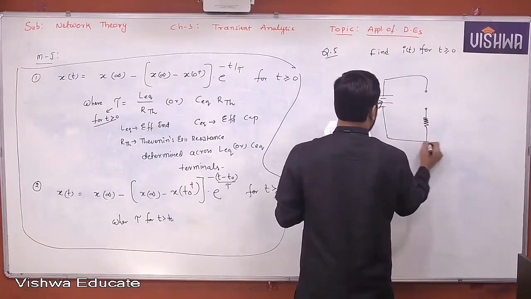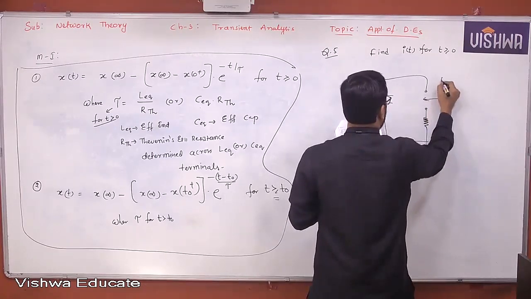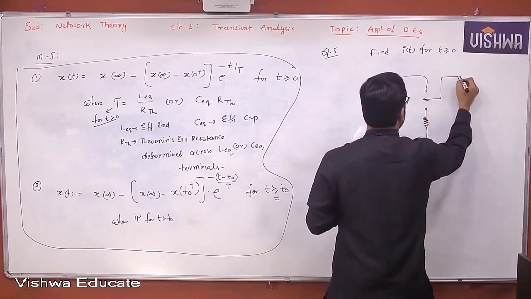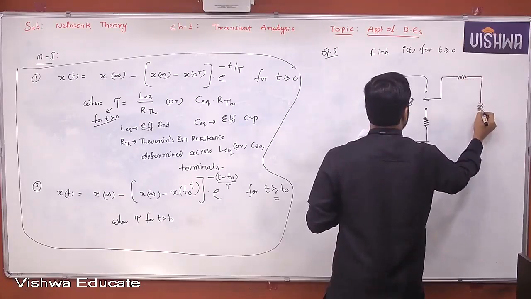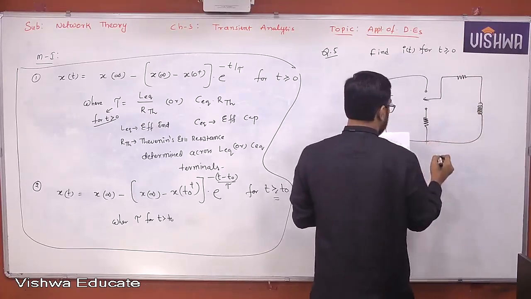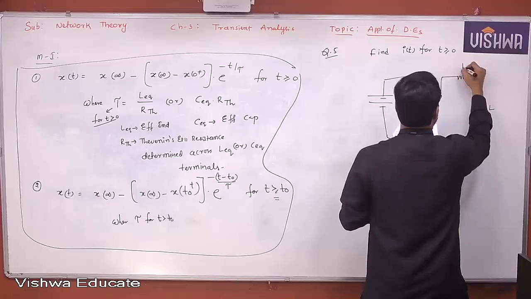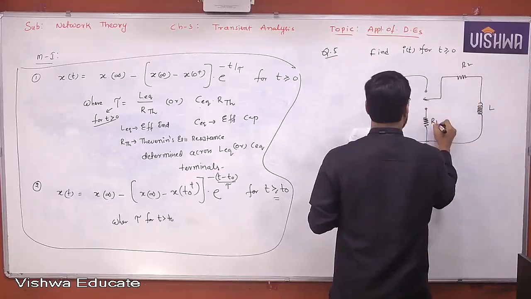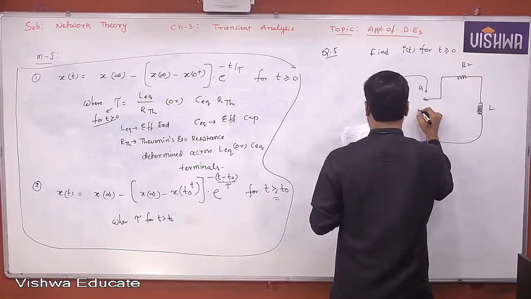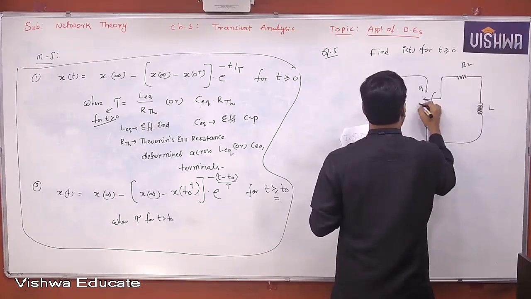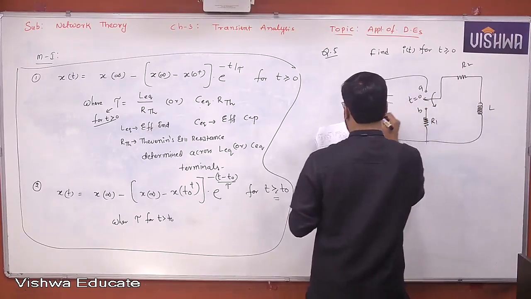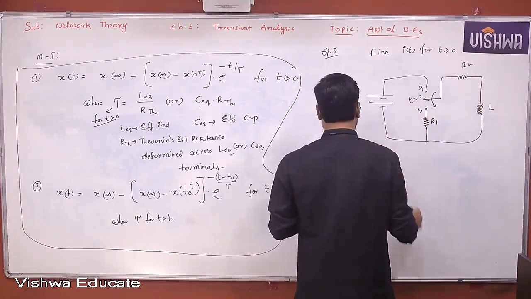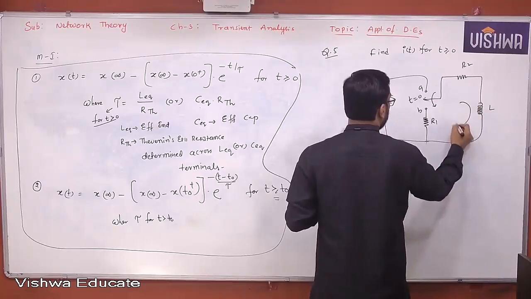The switch is moved from A to B and we are expected to determine I of t here.